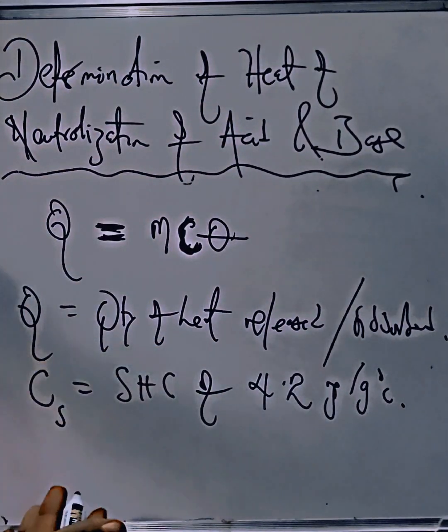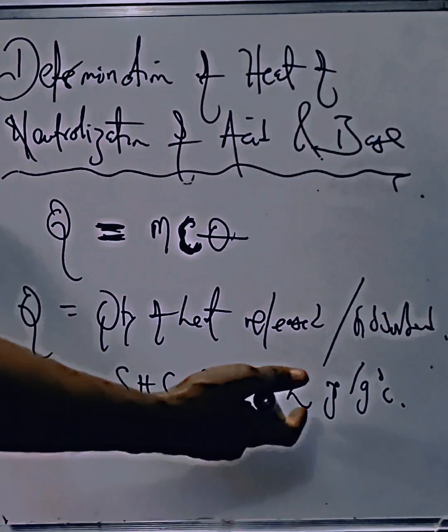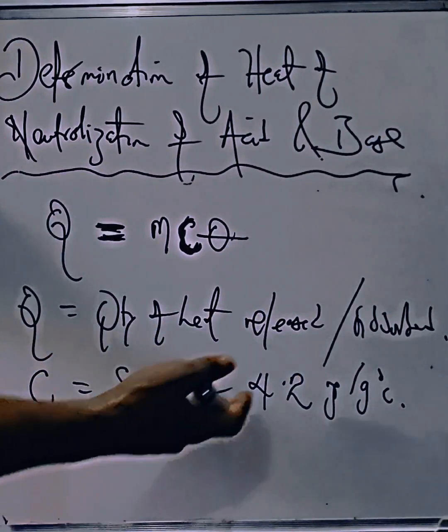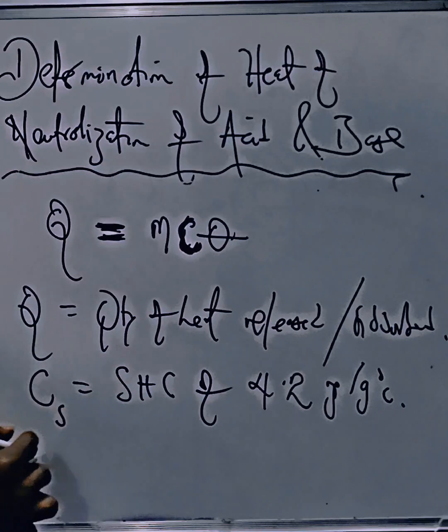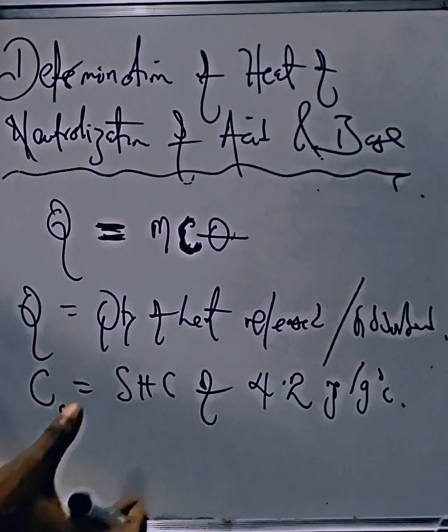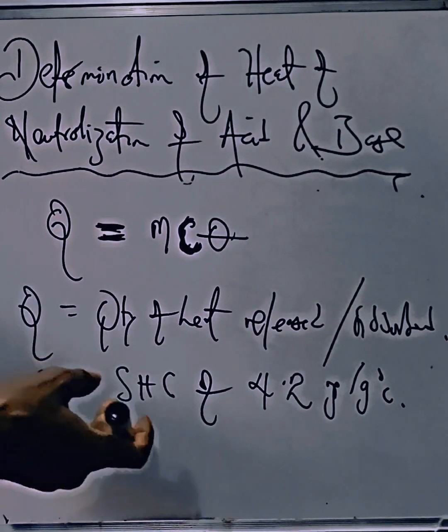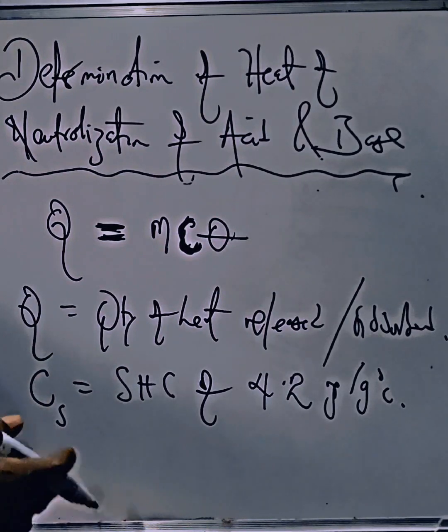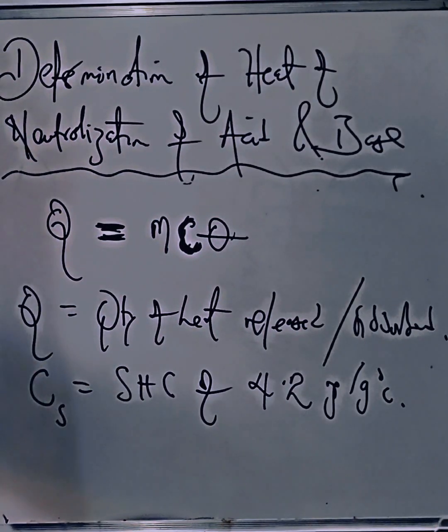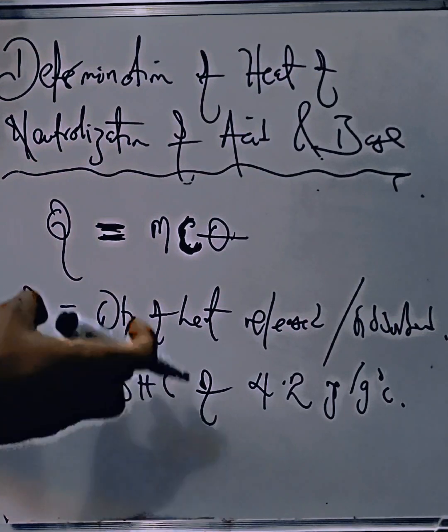So in order to quantify the specific heat capacity of the solution, we consider it to be related to that of water. We also have to have a system where we're going to introduce our acid and base. In this case, we'll be making use of a beaker that is going to serve as our system or a container.